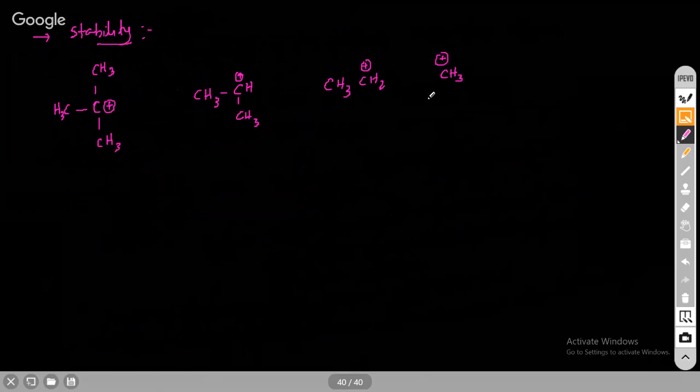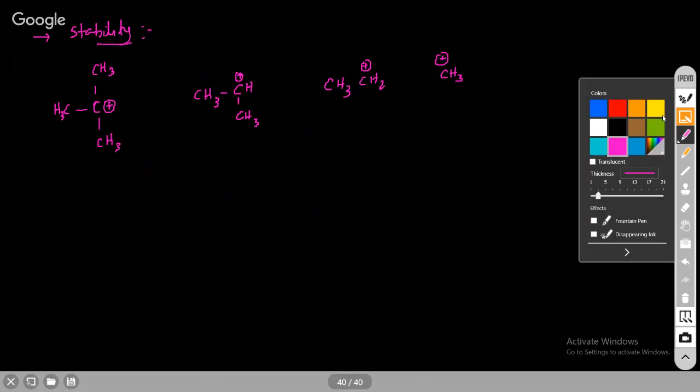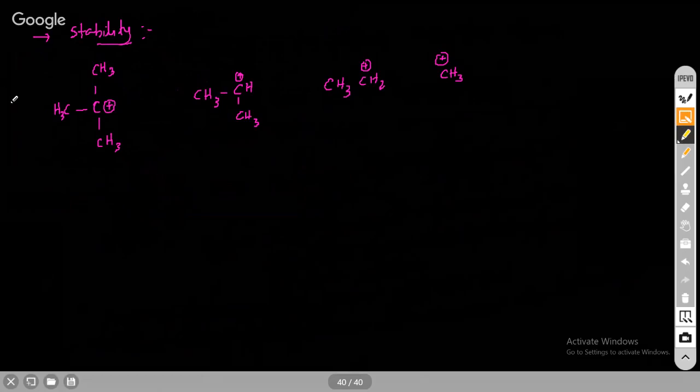Okay. In these four structures, if you compare the stability, how many alpha hydrogens are present here? Alpha hydrogens are those hydrogens which are attached to the alpha carbon, right? Alpha carbon is the carbon which is adjacent to the functional group or any carbocation, carbanion, whatever it is.